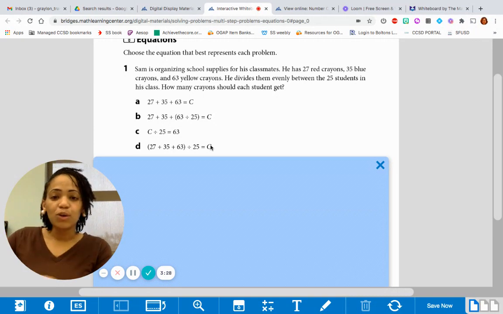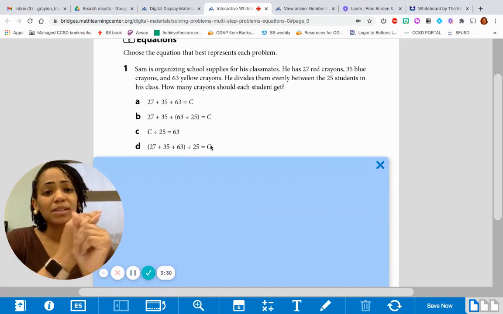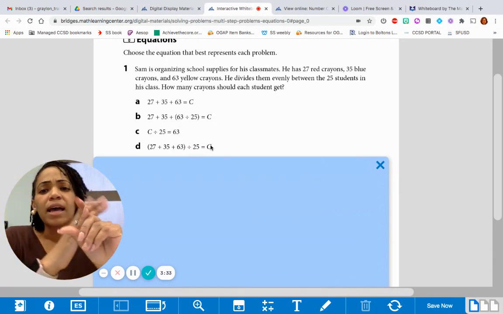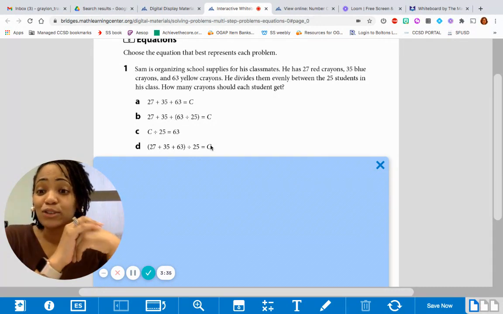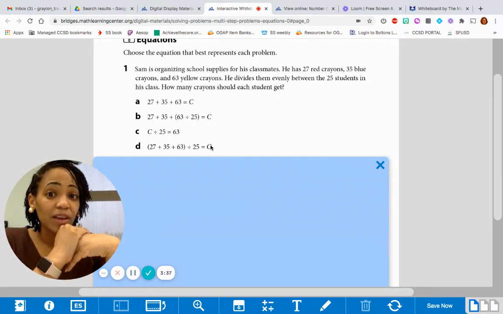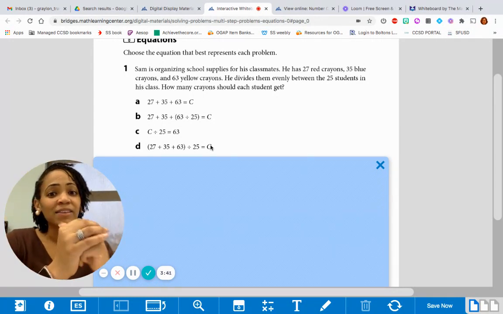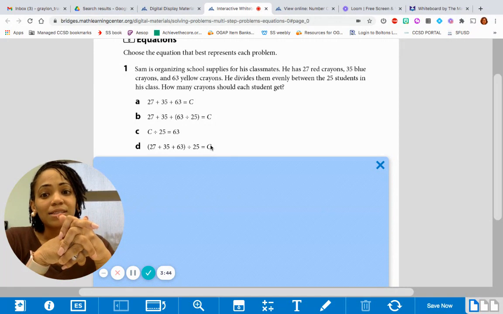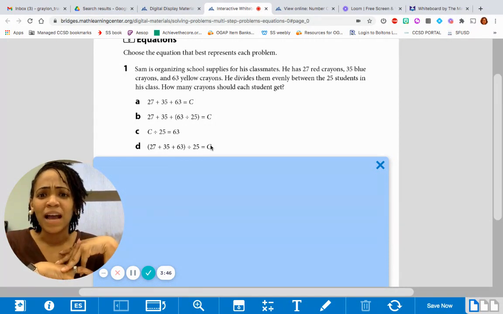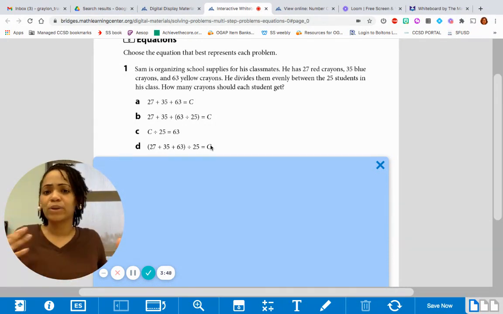Okay, so maybe you already thought to yourself, if we have 27 red, 35 blue, and 63 yellow, we know that we need to do what with those numbers? We should add them together. And then we're sharing, and it even gives us a clue. It says divides. It says we're dividing. So we know we're adding and we're dividing.